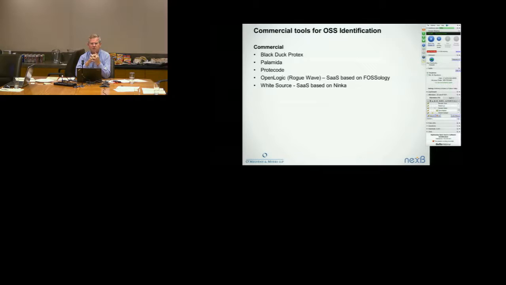Most of these tools, Black Duck, Palamida, Protecode, are concerned not so much with scanning, but with matching. And they're concerned mostly with matching bottom-up, which means looking at files and snippets, which is very useful in some cases when you need to do a deep analysis of a code base.